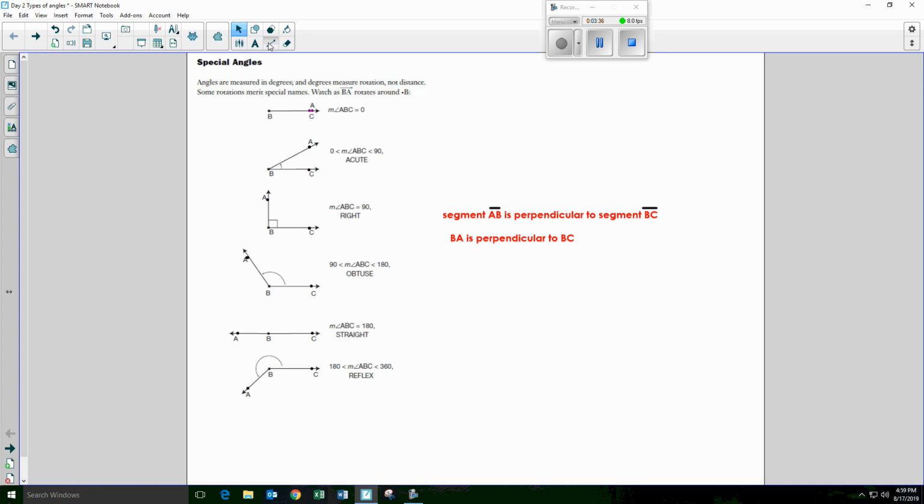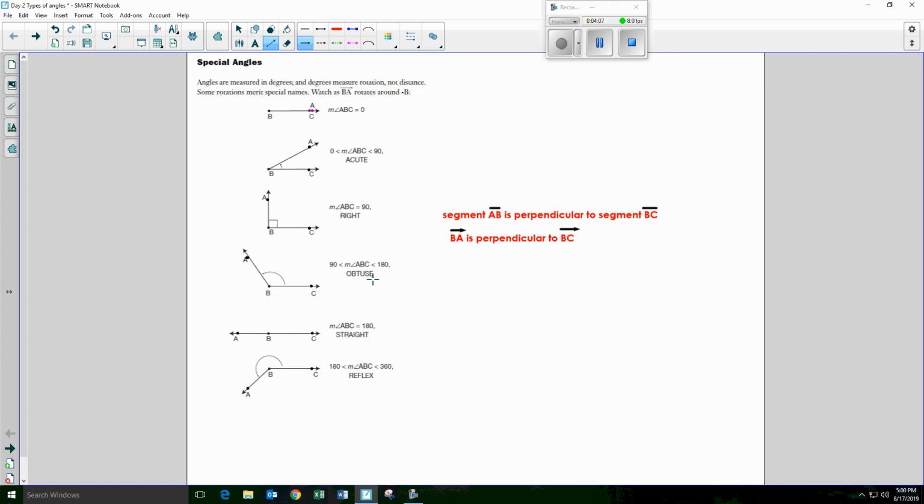I'm going to put a ray symbol above each one. And remember, the endpoint, which is B, has to be first in the ray. So these are the same thing. Perpendicular or right angle: it forms a right angle, or they're perpendicular. Perpendicular and right are often interchanged, just so you know that all throughout the year.